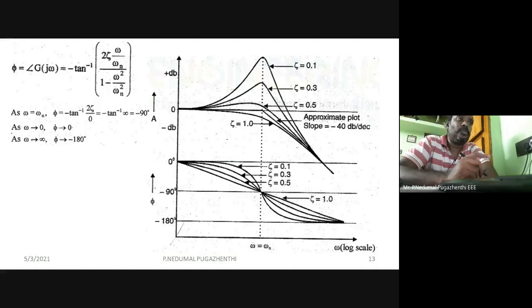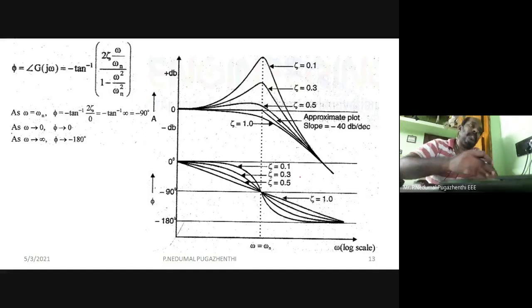So you have two factors considered here. You can keep zeta constant and vary your omega, which is normally what is done. And how your system acts when zeta is changing can also be monitored like this.